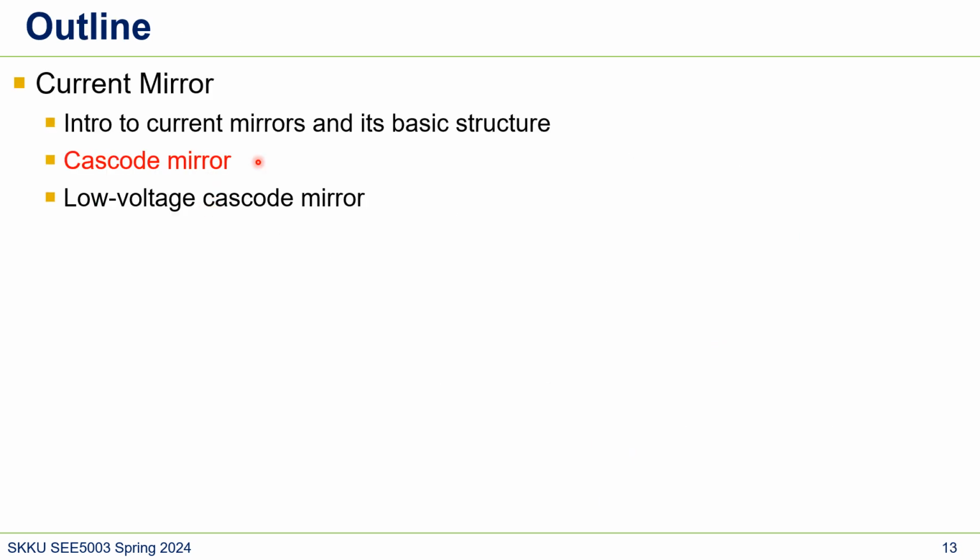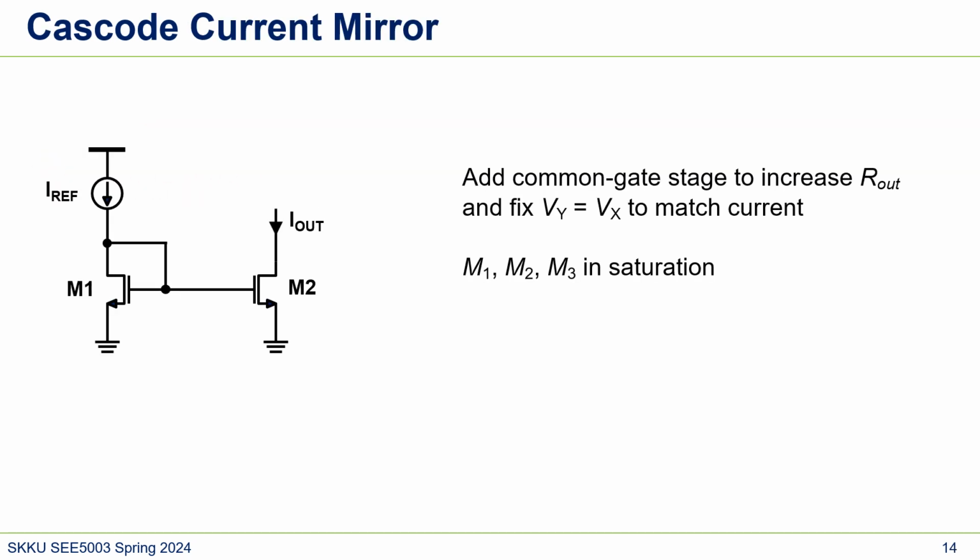To mitigate the current ratio error from channel length modulation, we're going to use a cascode. The cascode current mirror adds one more NMOS, and we set some voltage, which is VB. I will talk later about how to set this VB. Let's say this node is x, and this is y.